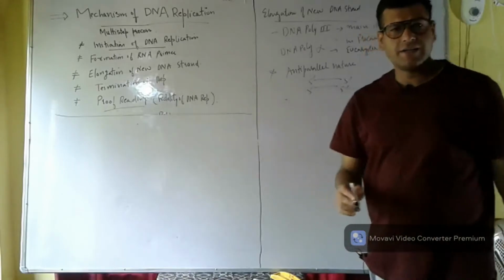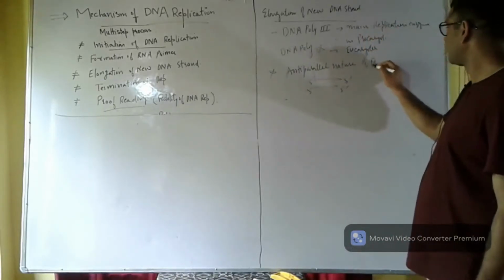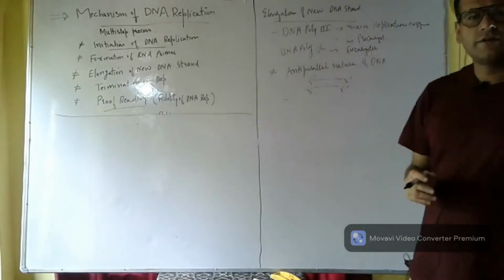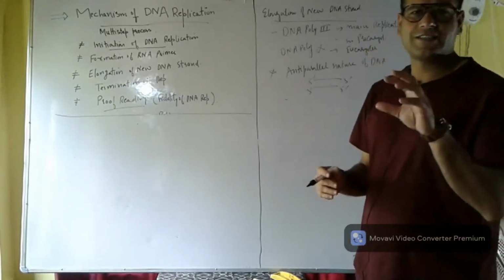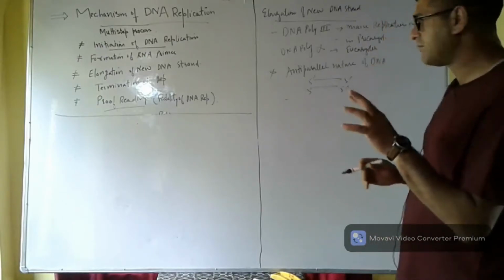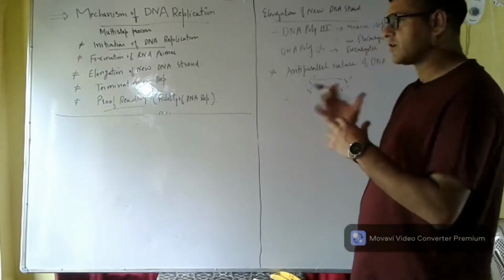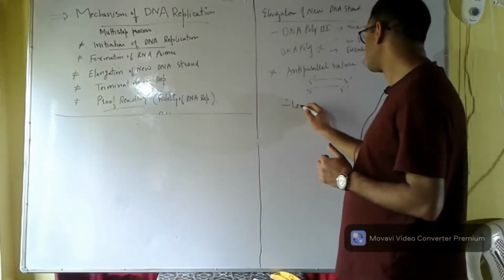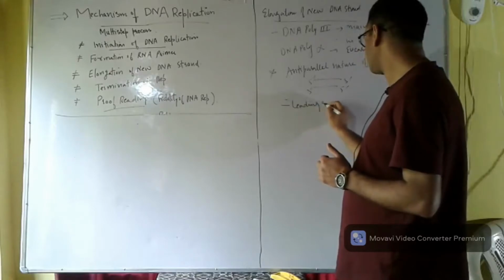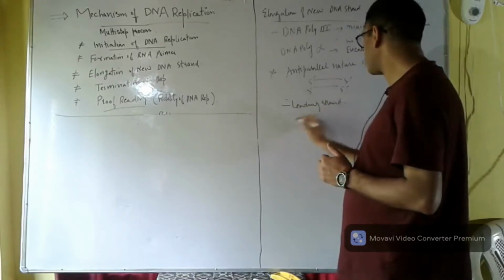Because of the antiparallel nature of DNA, one strand is synthesized continuously and another strand is synthesized in short segments known as Okazaki fragments. We have two strands. One is called the leading strand and this is called the lagging strand.